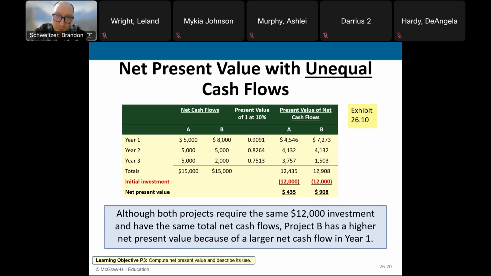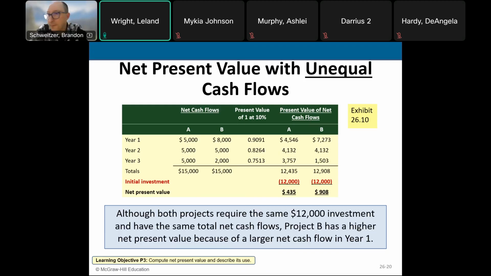We get it broken out, and we can see what the total net present values would be. Obviously the totals are going to be different. And we subtract out the initial investment to get net present value. Based off of this, project B is going to be the better choice because it yields a higher net present value. This kind of shows you an example of a side-by-side comparison.